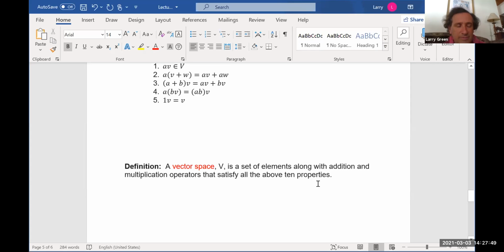So functions, we just went through each of them. That is a vector space, the set of all functions, such that addition is function addition, and scalar multiplication is regular scalar multiplication of functions.